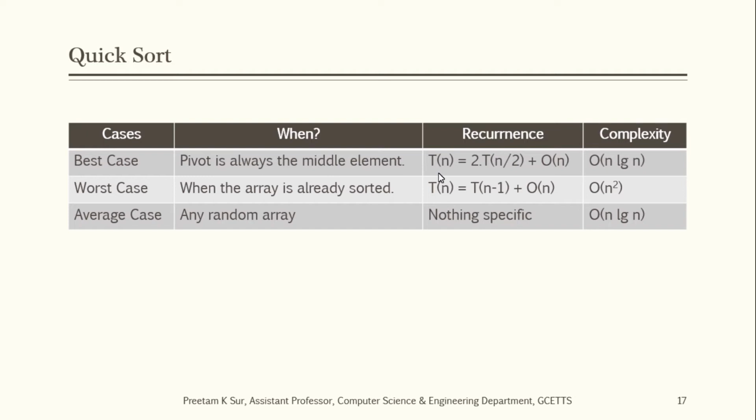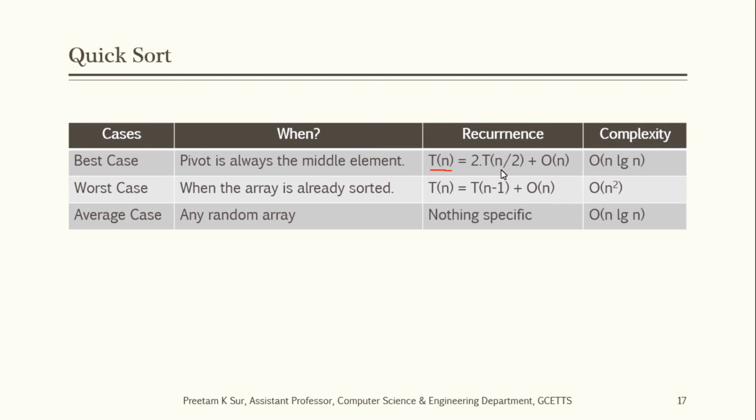In that case, let T(n) be the number of steps or operations required by quick sort to sort an array of size n. If the pivot element divides the array in the middle, it creates two arrays of almost n/2 length, on which we again call the quick sort algorithm.